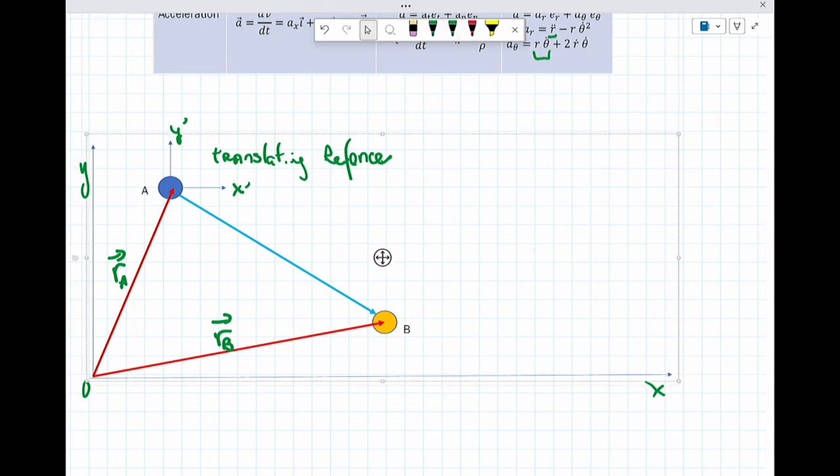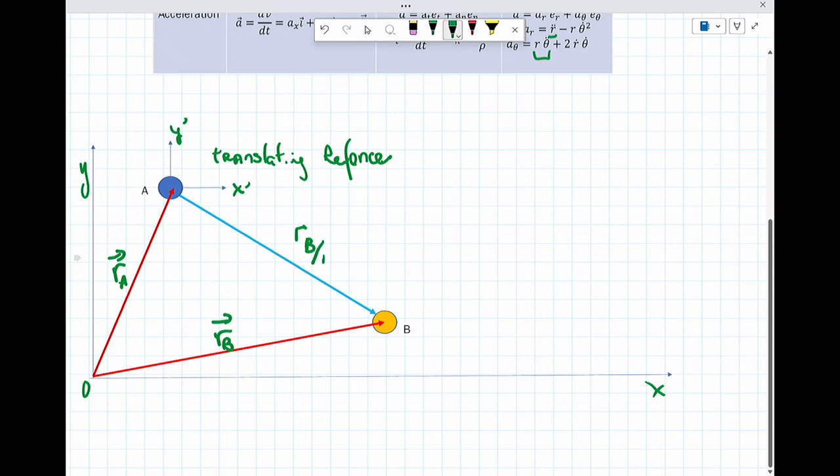But I can define things. In this case, it's actually r of B with respect to A. These are all vector terms.